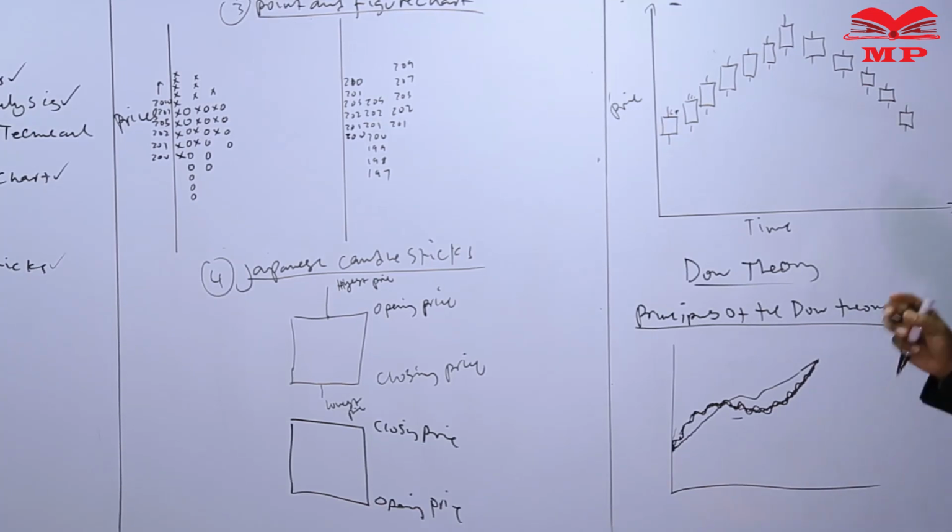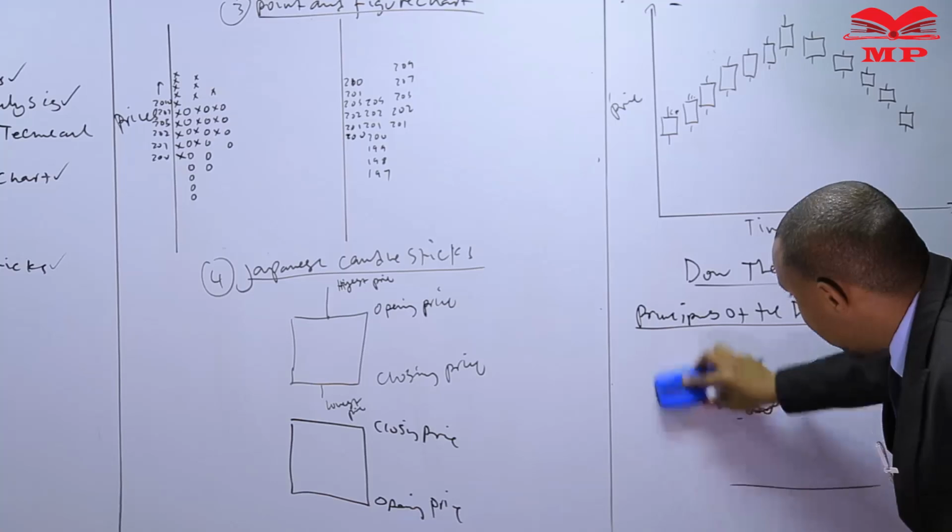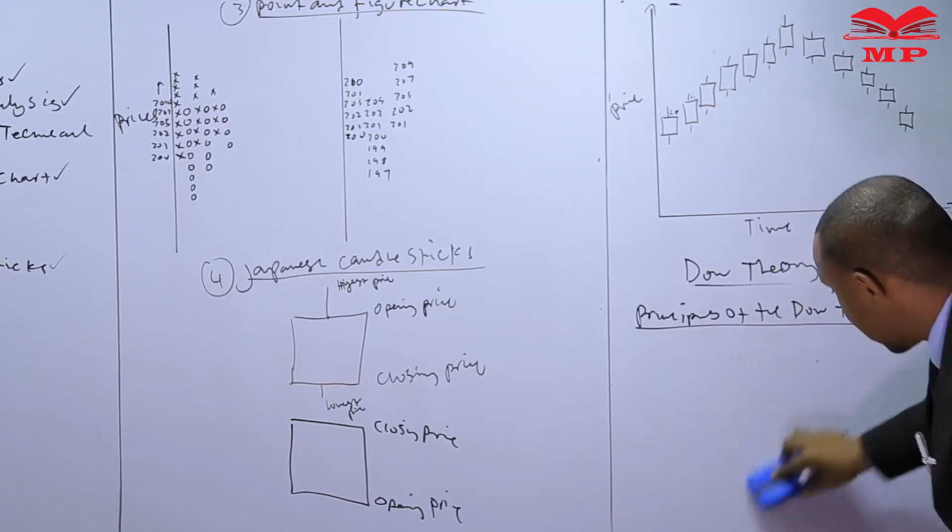The Dow theory has three postulates, and the principles are as follows.